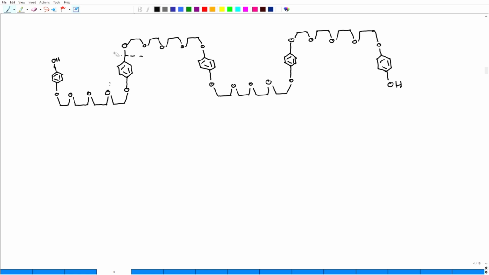Maybe I will put a different color, it will be easier. You remember when I first started this pseudo-rotaxane structure, the macrocycle I gave had 4,4'-bipyridinium moieties.